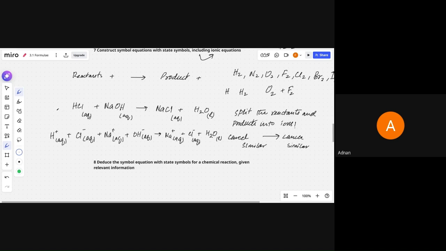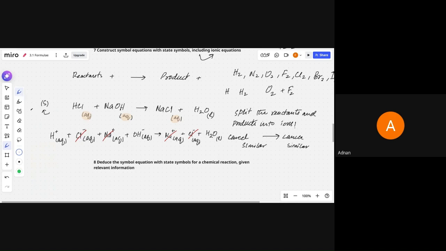Reactants or products with a solid state cannot be split into positive and negative ions. Only reactants and products in an aqueous state can be split like this. Remember that. Now let us cancel the ions that appear on both sides. Sodium and sodium get cancelled out, and chloride and chloride get cancelled out.